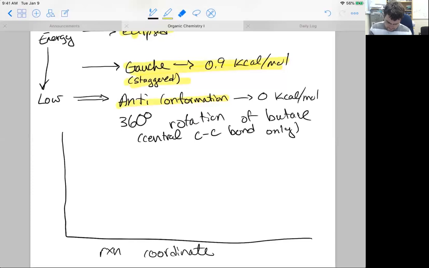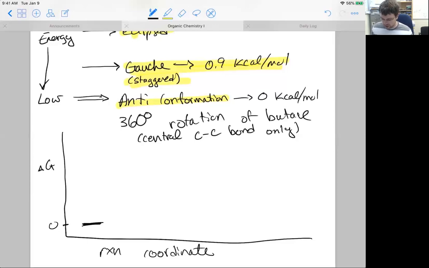Put delta G relative to our starting state, which is going to be set to 0. And I know that it looks like the y-axis hits 0 down at the horizontal line, but that makes it really hard to draw. So this could be like -2 or something. It doesn't matter. The point is we've got our 0 point defined.